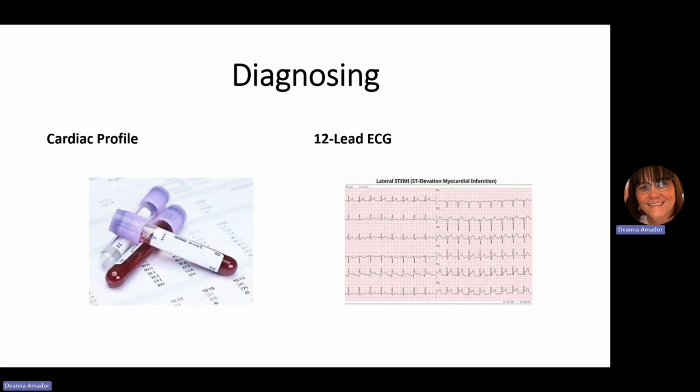This next slide shows that, depending on where on the 12 lead you have the ST elevation, it will let the provider know where in the heart the infarction is happening. So is it inferior or posterior or anterior or septal?